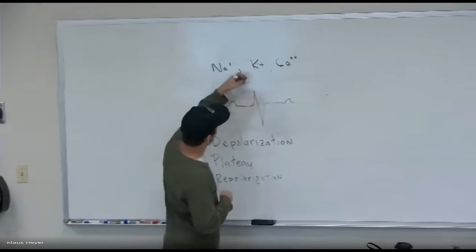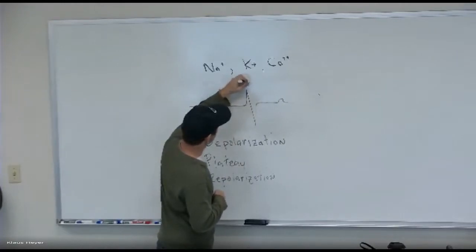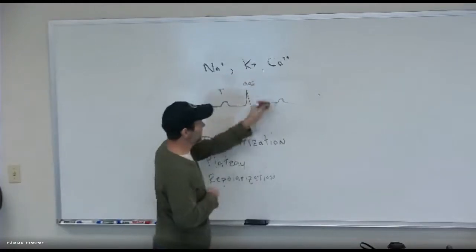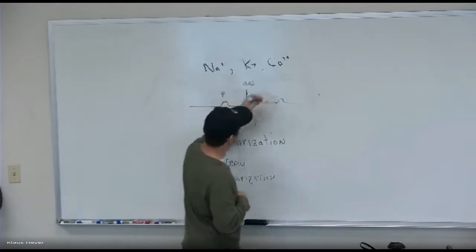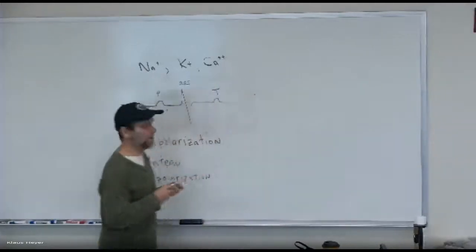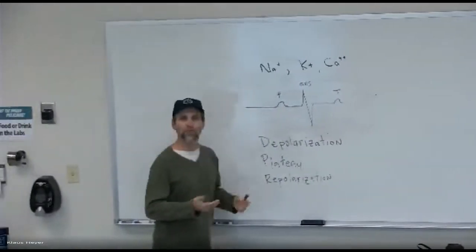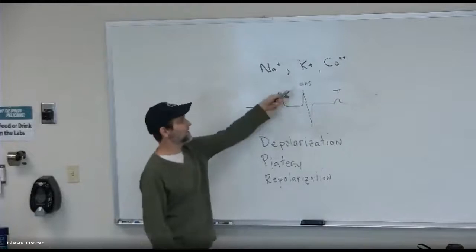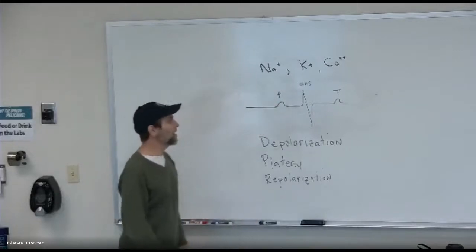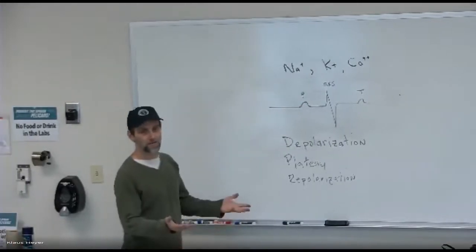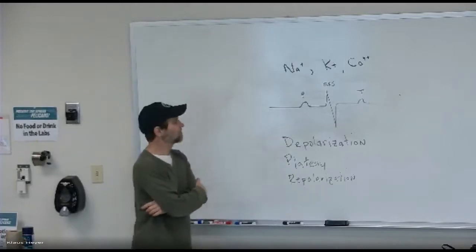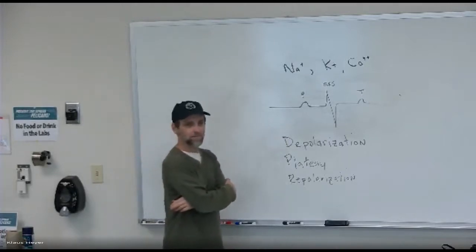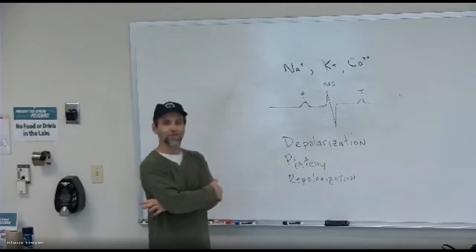We call this whole thing a QRS complex. Did I mess it up? I did. P wave, QRS, T wave. I told you it's in alphabetical order, and then I put T and then Q after it. P wave, QRS complex, T wave. There's 3 parts to this EKG.